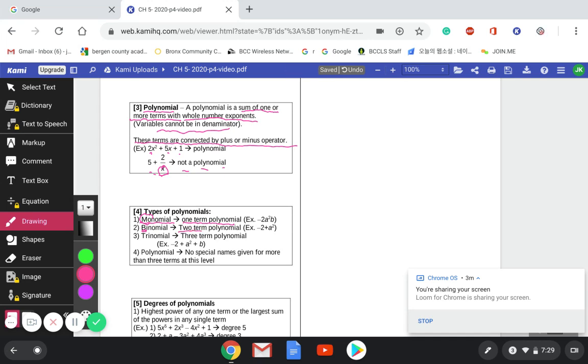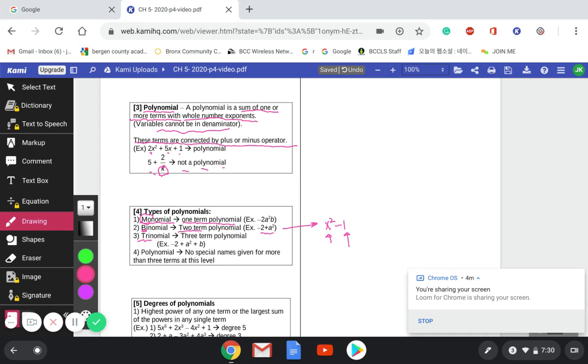It usually consists of an addition or subtraction operator. So when you have negative 2 plus a squared, that's a binomial. Or in another case, like x squared minus 1 is a binomial because you have two terms separated by a plus or minus operator.